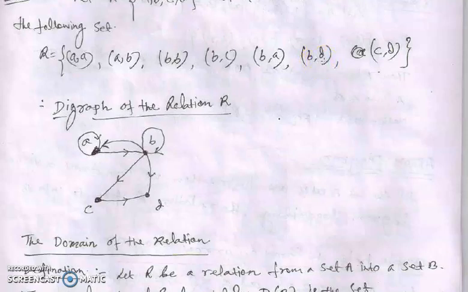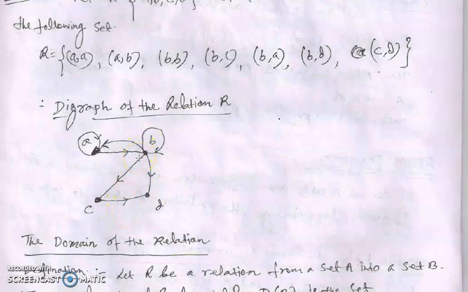The definition says that if b is rho related to d, then this relation is symmetric only if d is rho related to b also. Here b is rho related to d, but d is not rho related to b, because there isn't any arrow from d to b. So according to this example, this relation is not a symmetric relation.